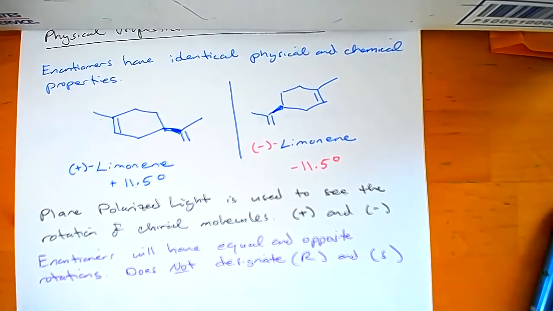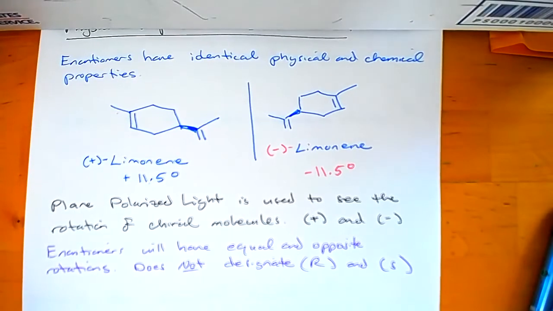You just know that the enantiomer is going to be equal and opposite of that. So this isn't a terribly useful technique other than to measure purity.